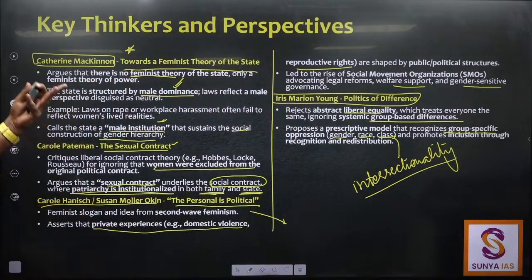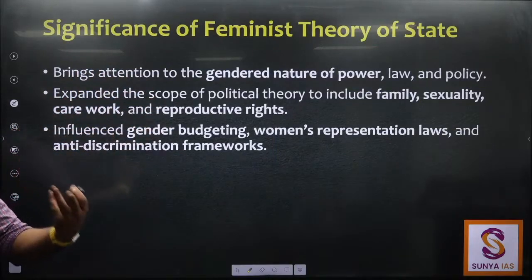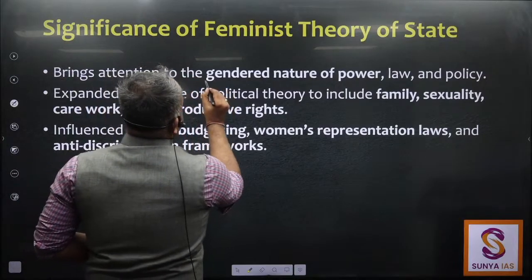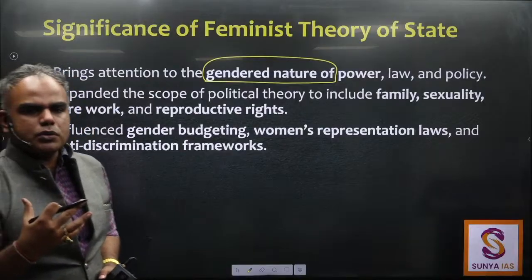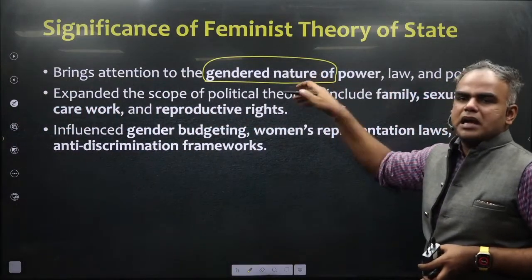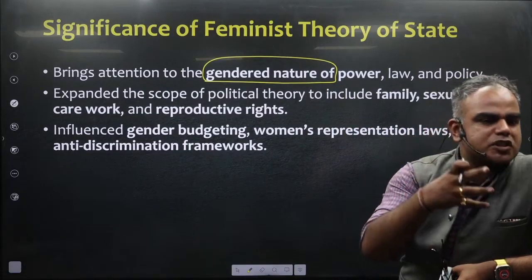These are the main points that they bring about. Now here again, significance, again I know you can also write it, but quickly we'll see a couple of points. Now this brings into attention the gendered nature of power. Power also, law. So there is a difference that is to be there. Earlier everything was uniform. The laws were made from again male perspective.